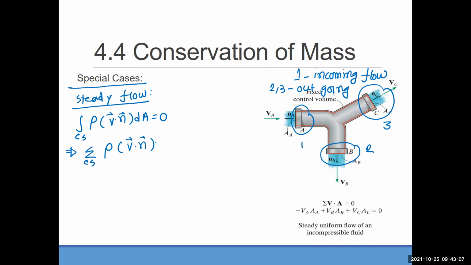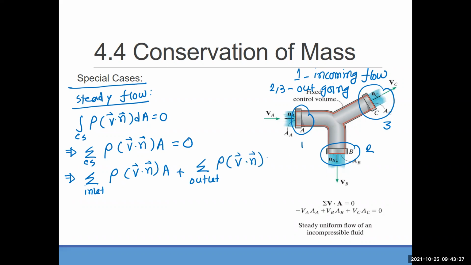And instead of dA, since I already did the sum, I will use A. Now from the control surface, we can see we have some inlet, we have some outlet. Instead of control surface, I will write down inlet plus outlet.